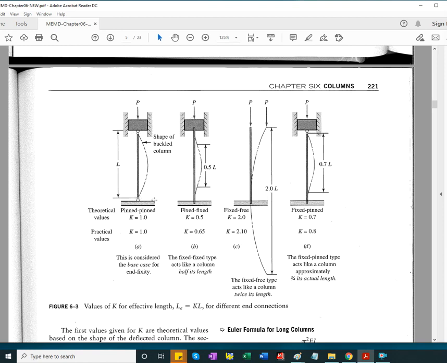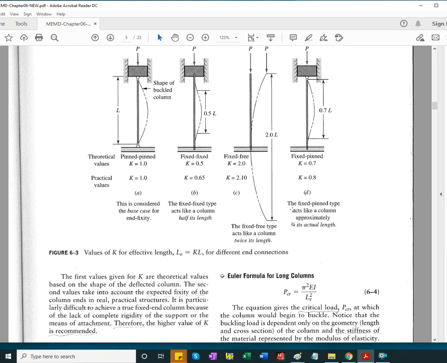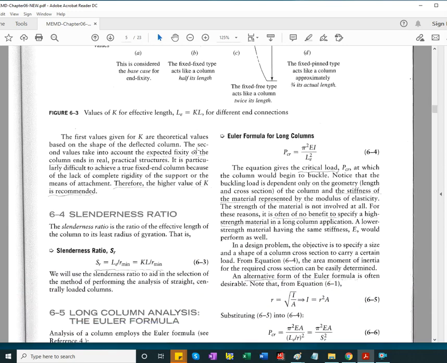The ends being pinned, and here's 0.7. Again, a combination between these two. All right, so again, this is the equivalent length and captures the effect of the end support's possibility or not of rotating, that is sloping the neutral axis of the column.